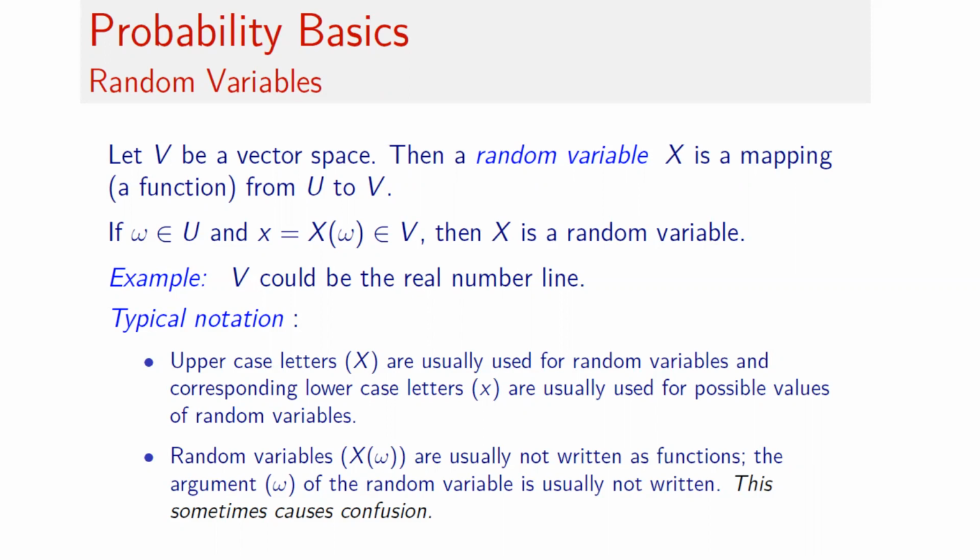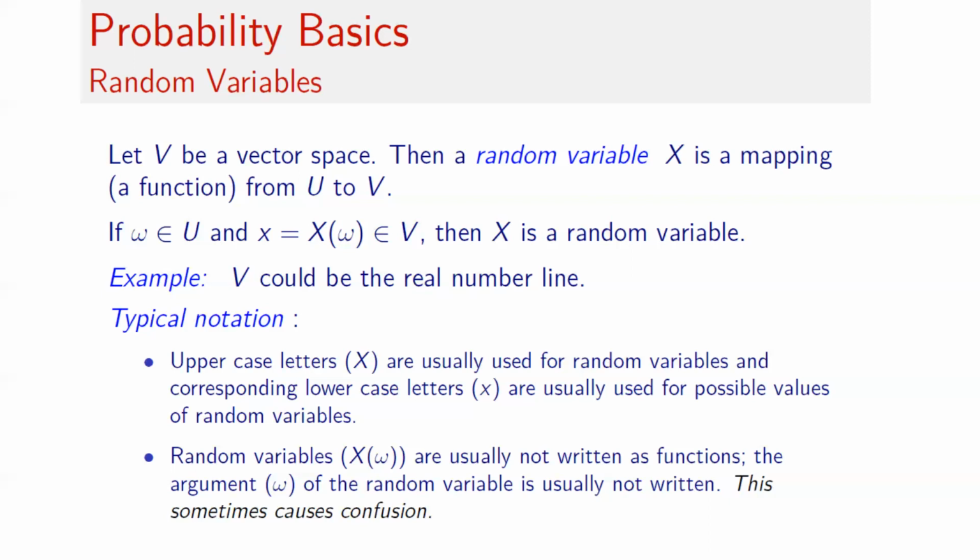So when you see uppercase letters, remember that maybe it's a random variable. Depends on the book, but usually they are for random variables. And the corresponding lowercase letters, for example lowercase x, are usually used for possible values of random variables.